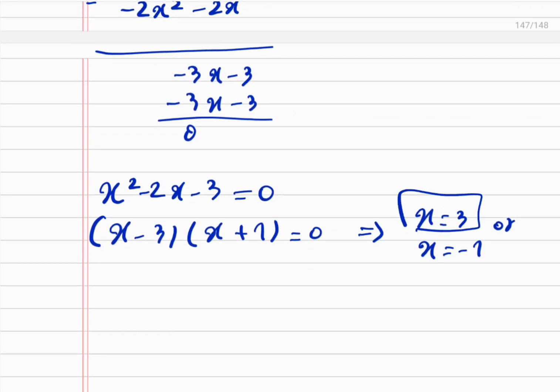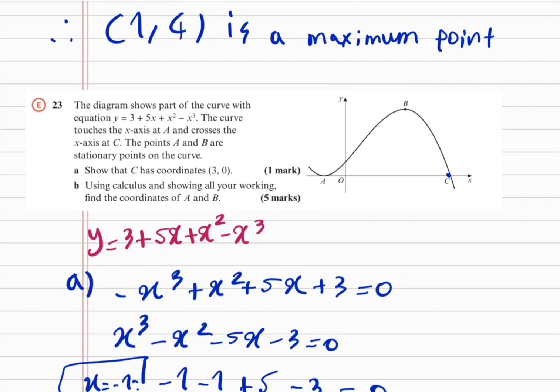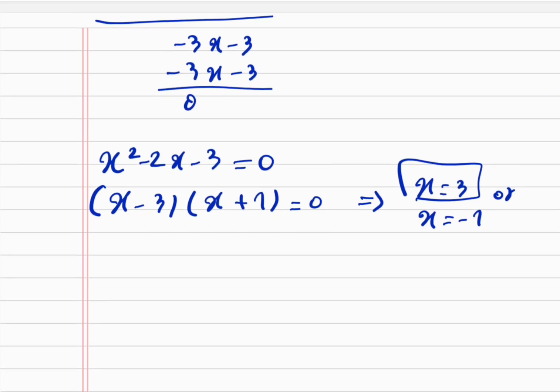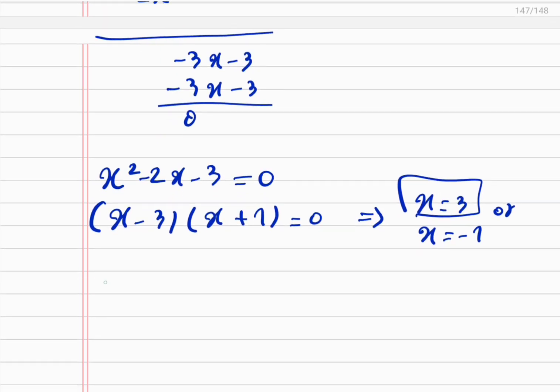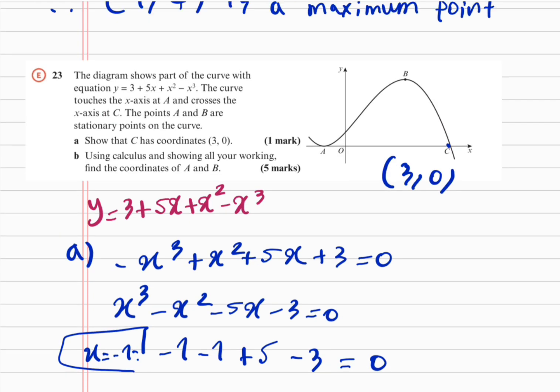So the other solution is x is equal to 3, which is indeed what we wanted. So the coordinates of point C are 3 and 0. Okay, so that's the answer to part A. We have shown that C has coordinates (3, 0). Therefore, C has coordinates (3, 0).